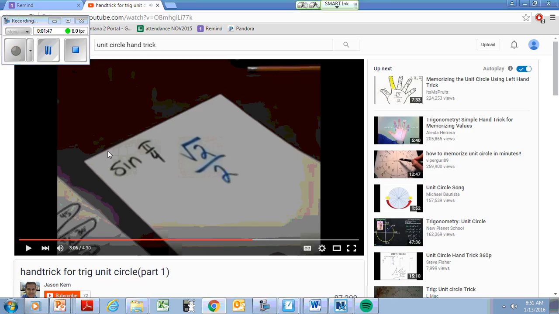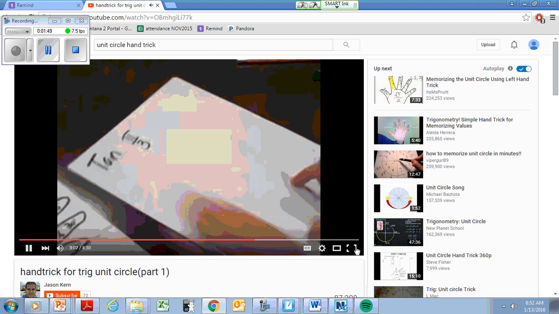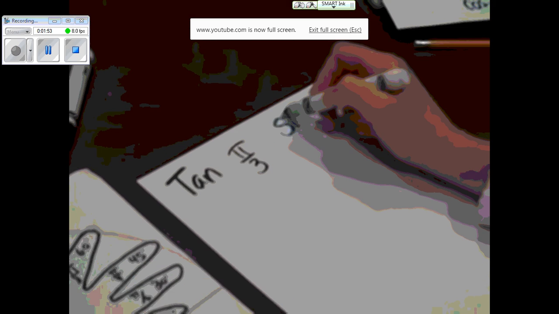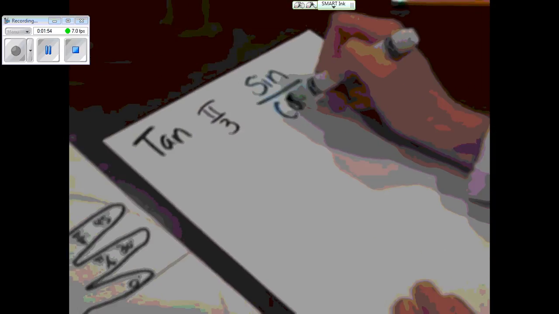The more difficult one is tangent. Remember that tangent is sine over cosine. If the fingers went cosine comma sine, then when I flip back my pi over 3 finger, which is my pointer finger, and flip my hand, I now have sine fingers over cosine fingers.